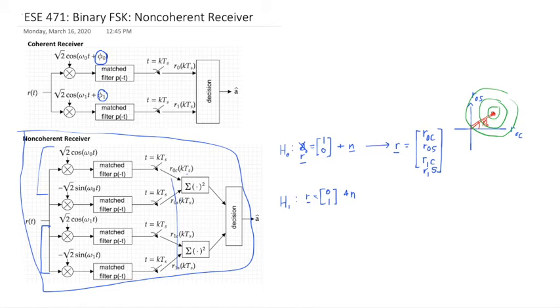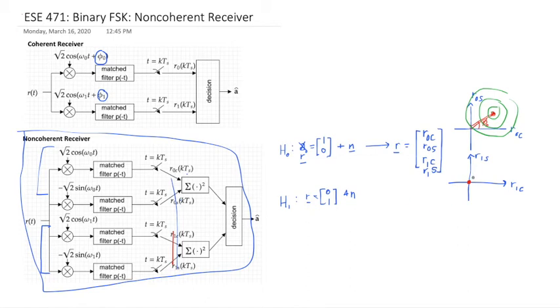On the other hand, for R1C and R1S under the case of H naught, I've sent none of the frequency omega 1. So the center of the signal is here at 0, because I have not sent any of the omega 1 frequency. Whatever I receive out of these components is noise.